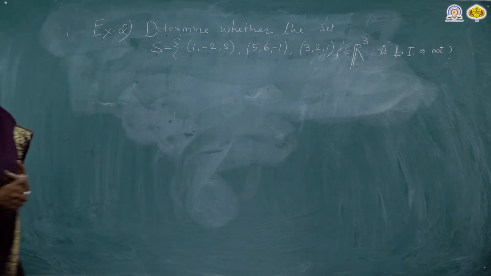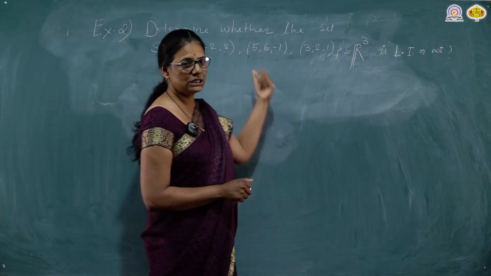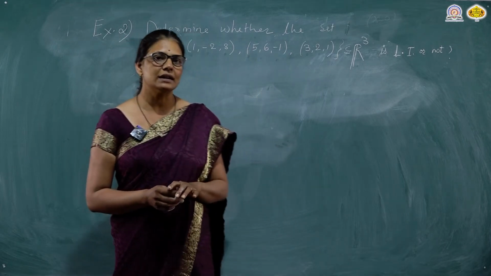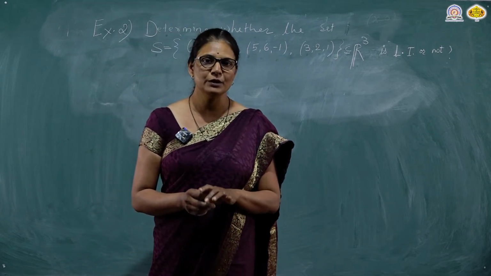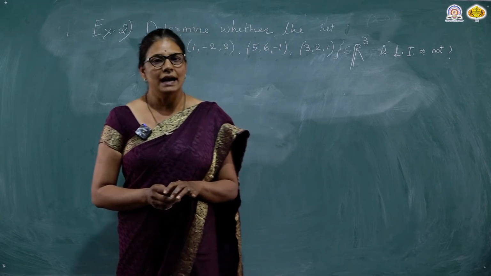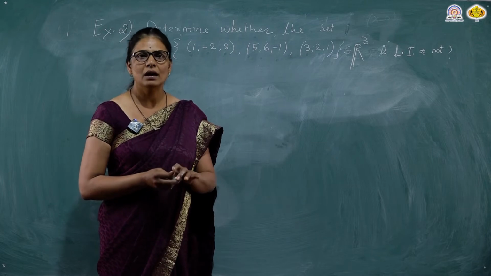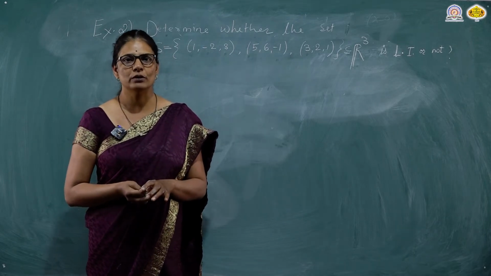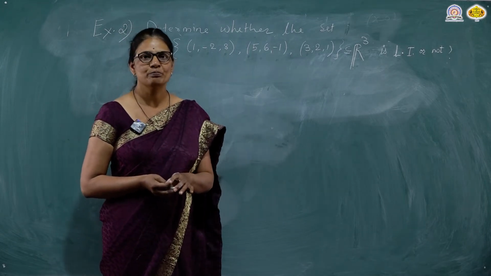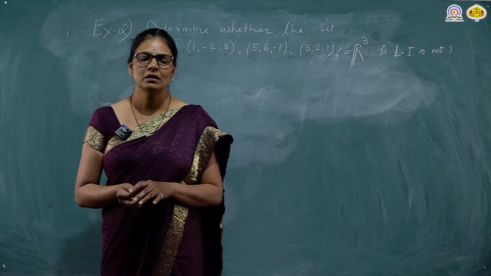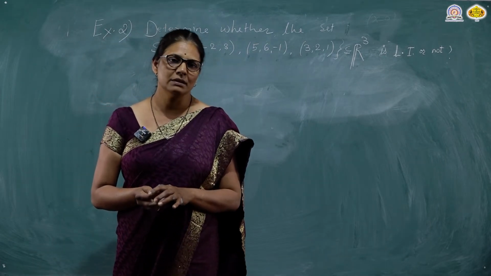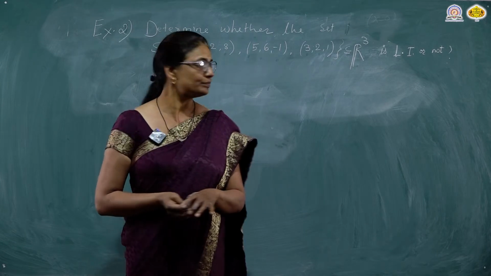Again remember we will use the theorem. The theorem says that if S contains vectors V1, V2, up to Vn, then the set S is linearly independent if and only if the equation alpha 1 V1 plus alpha 2 V2 up to alpha n Vn equals 0 has only the trivial solution, that is, the value of each variable is equal to 0.